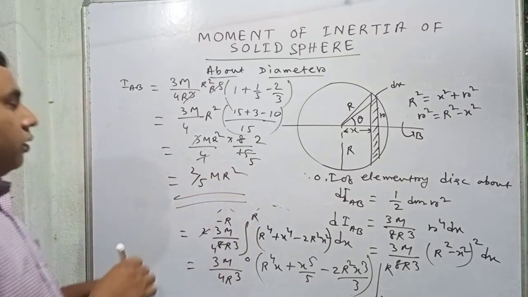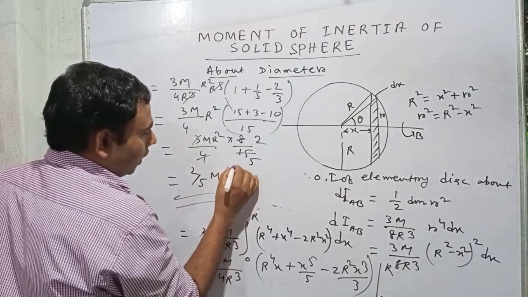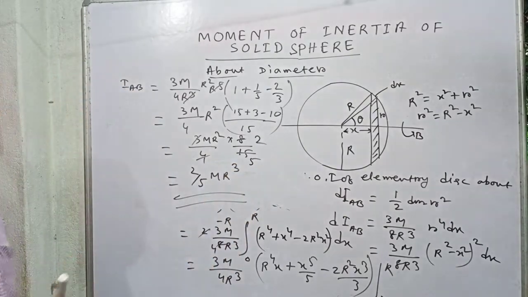This is the moment of inertia of the solid sphere about the diameter.